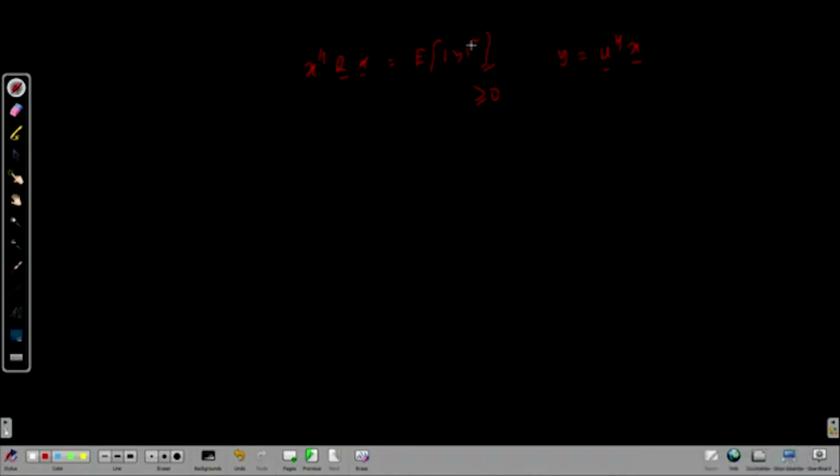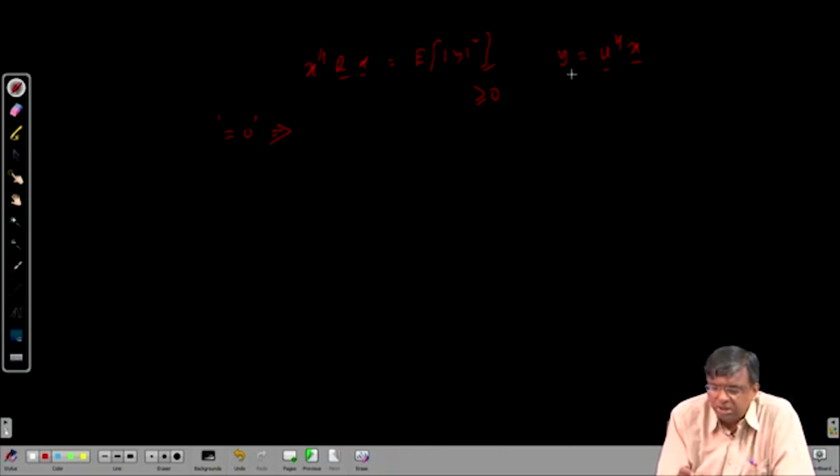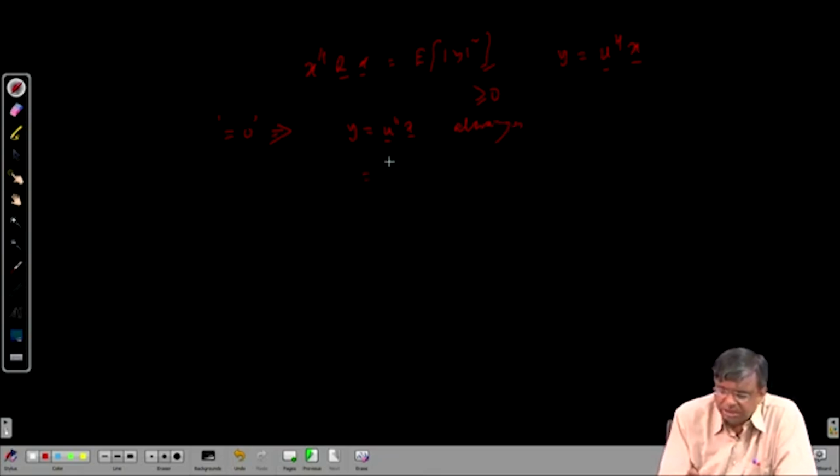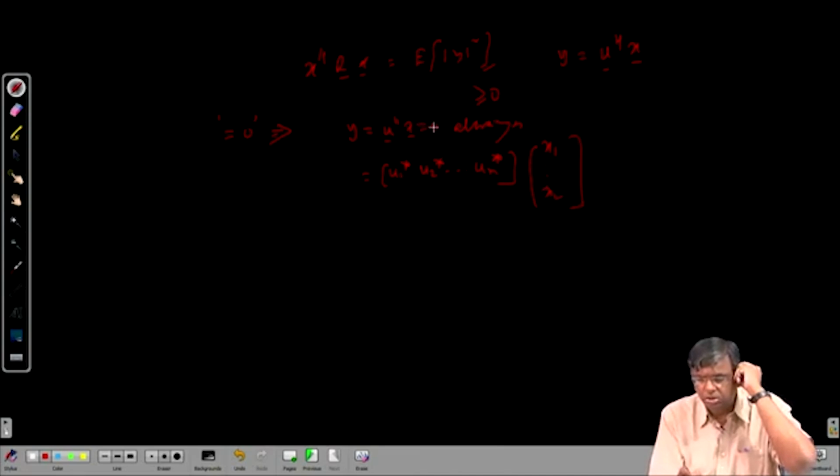Now, when will it be equal to 0? That condition, equal to 0, means Y equal to 0 always, that is U Hermitian X equal to 0 always. U as a column vector, so U Hermitian is a row vector with conjugated elements, and this is your x1, x2 and so on.